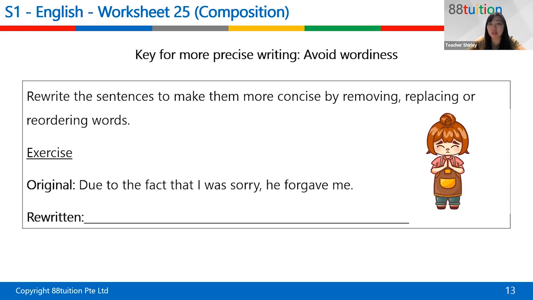Very good. Thank you, Shubham and Galvin. Either one is fine, I think. So you can just say, I was sorry, so he forgave me. No need for due to the fact that. I mean, you are sorry, we know that you're sorry. You don't have to write, due to the fact that I was sorry. So I was sorry, so he forgave me. Okay, or you can also say because I was sorry, he forgave me.